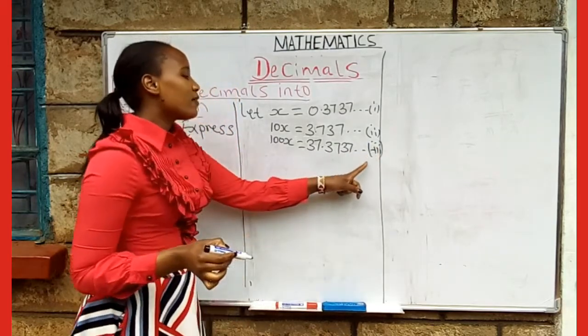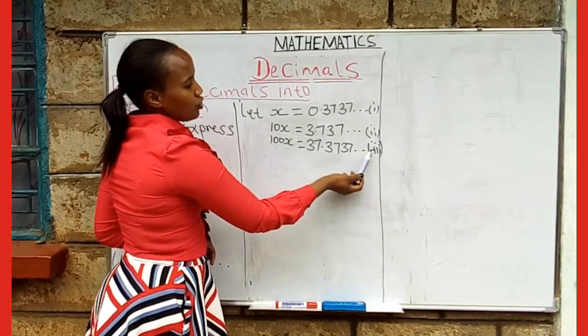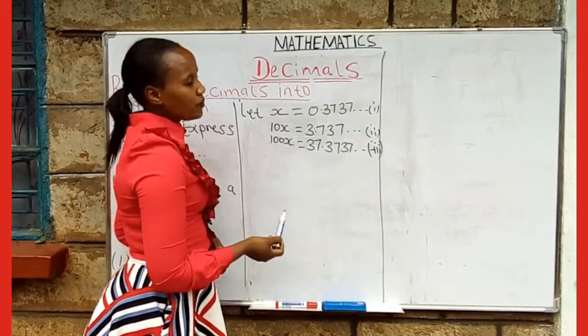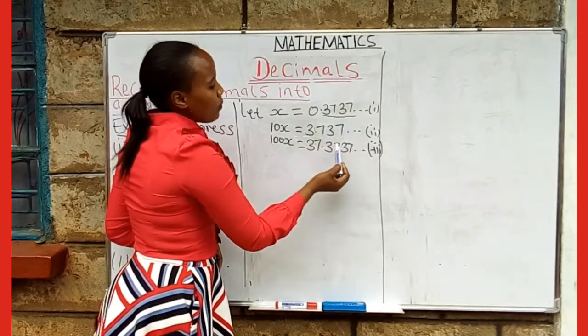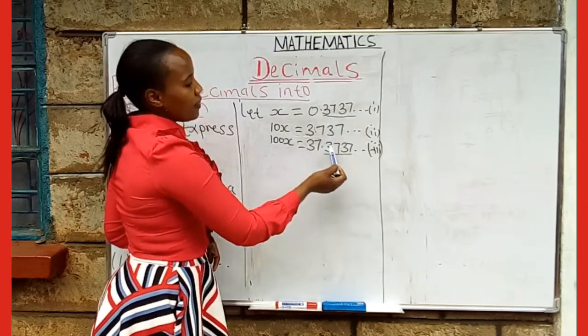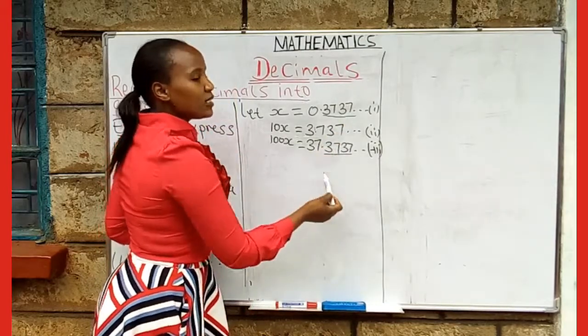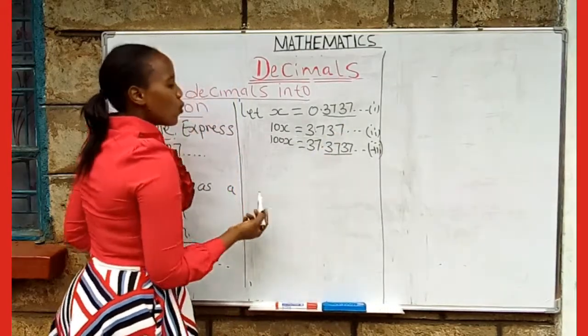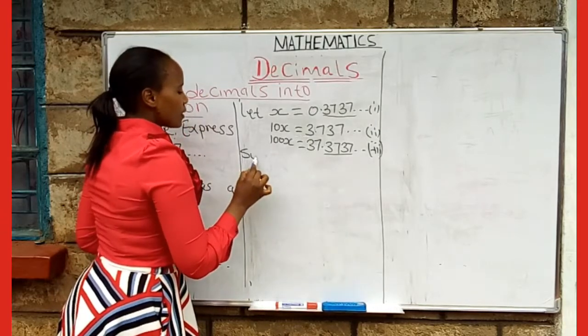So now we have the third equation. If we compare the third equation and the first equation, you realize that after the decimal point, the decimal part of that number is the same. So it is easy for us to eliminate the decimal part. What are we going to do? We are going to subtract.